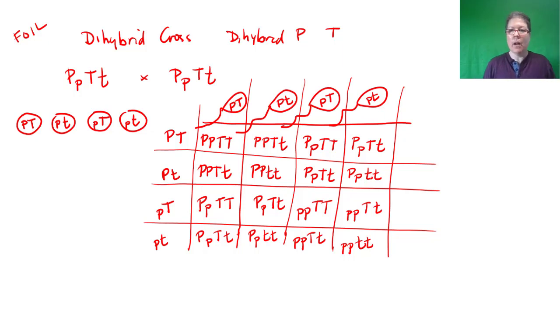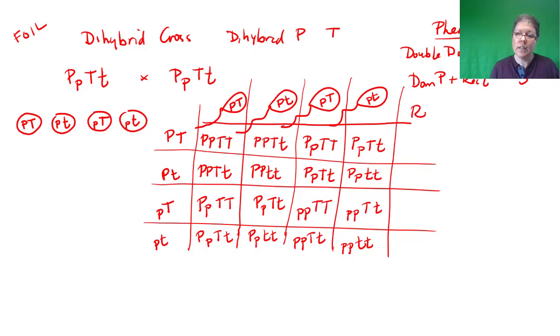If we go through there, we can do the phenotypes. I'm going to do pheno. And I'm going to say, okay, double dominant phenotype, there should be 9 of them. All right, dominant P plus recessive T, there should be 3 of those.